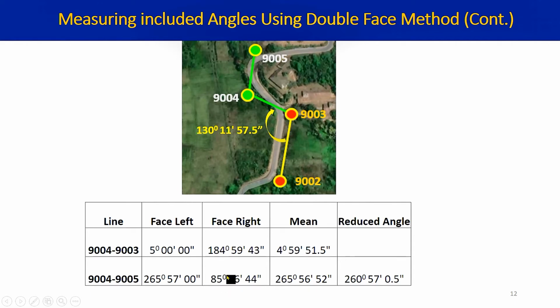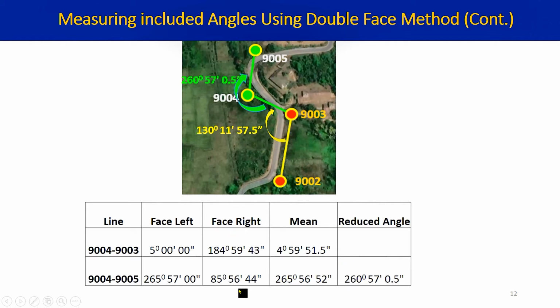From this 445 degrees 56 minutes and 44 seconds, you have to deduct 180. When you are deducting 180, you will get 265 56 44. So you need to get the average of phase left and phase right, then you will get 265 degrees 56 minutes and 52 seconds. That's how you do the calculation in this case, right?